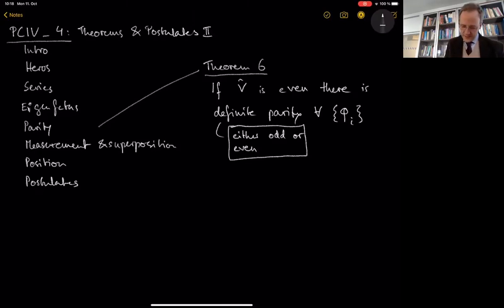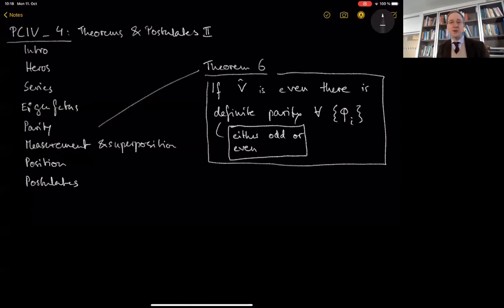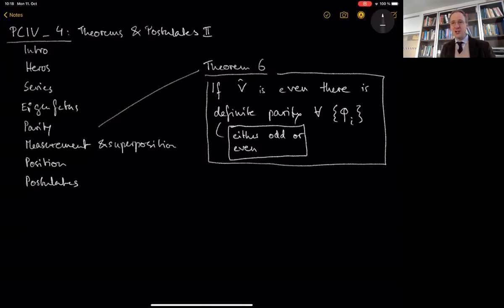Now, this is the reason for the nodal structures you can observe in many cases strictly, and also approximately. If your potential is approximately even, you can break that symmetry, of course, but in many cases you can think of it as approximately an even potential to some first order.